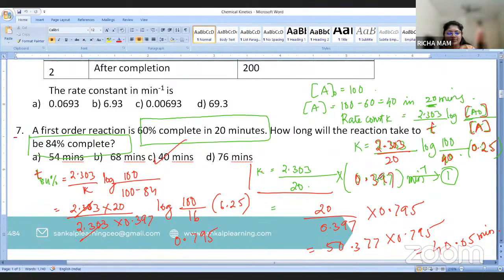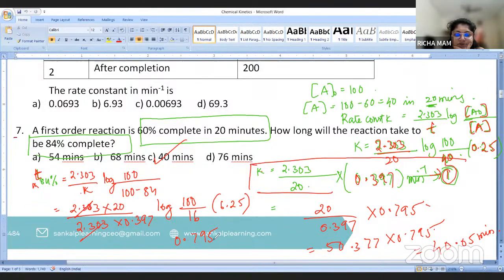So this is what we have got for 2.303 by 20. Now, from the second part, we have to find the time taken. We have substituted the rate constant here, and T we have shifted, just vice versa. Put the values 100, 100 minus 84, and put the value of K which we got from here.